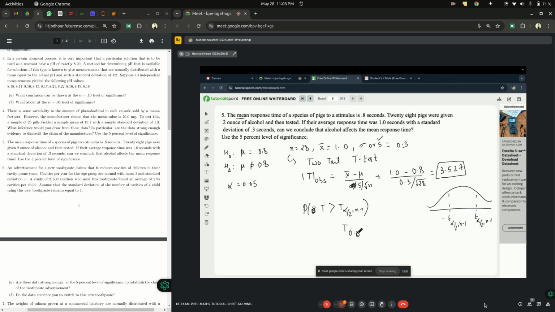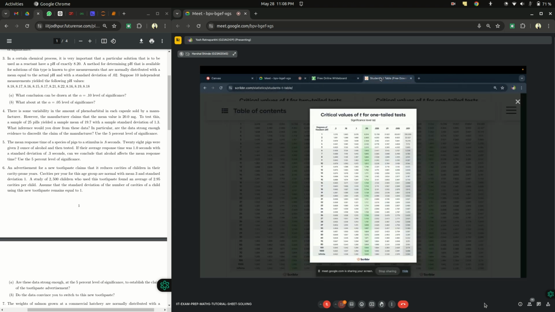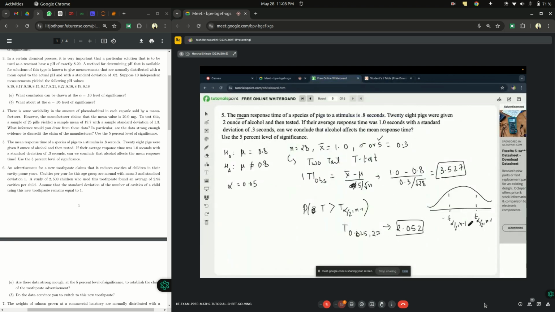It means 0.025, and 27 is n minus 1. What will it be? 2.052. Let us check it. For 0.025 and 27, it is 2.052. Absolutely right, ma'am. So this point is 2.052 and this point is minus 2.052.